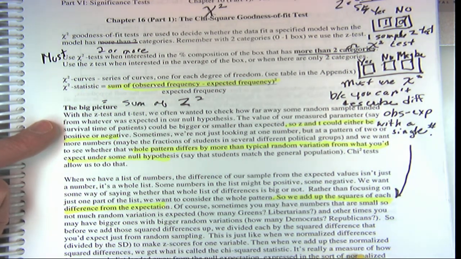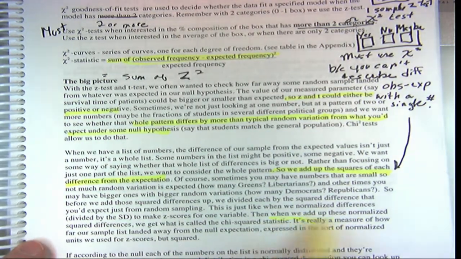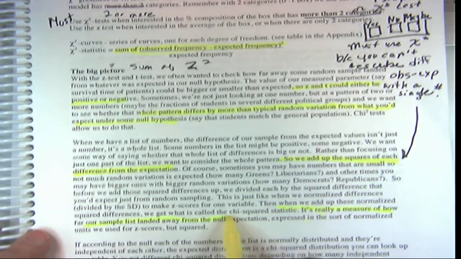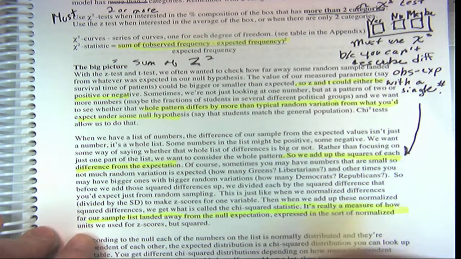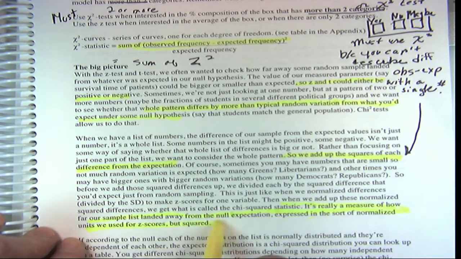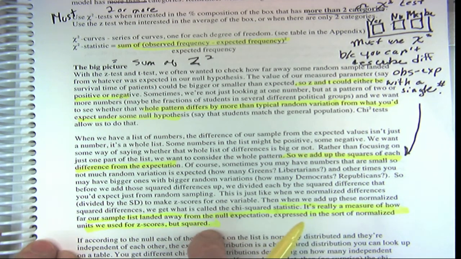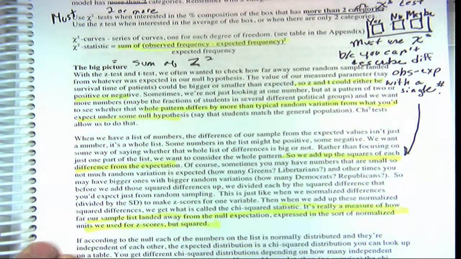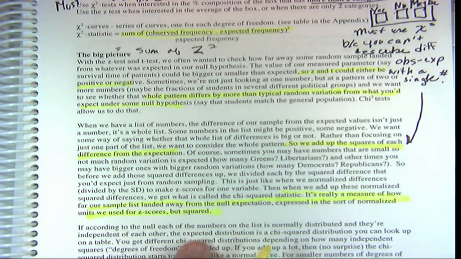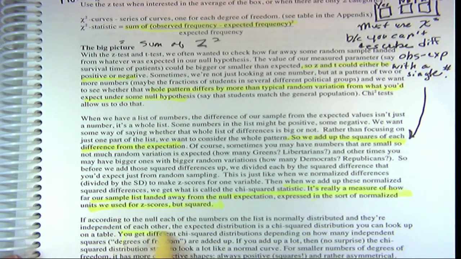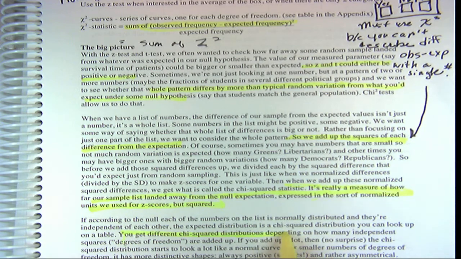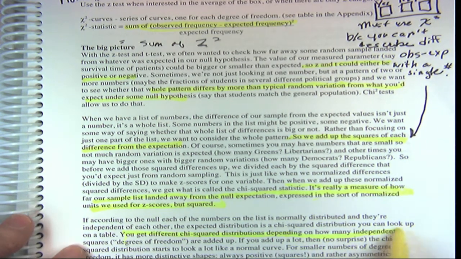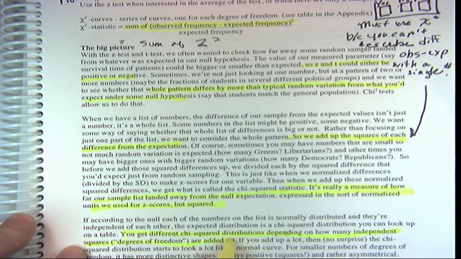It's really a measure of how far our sample landed away from our null expectations, expressed in the normalized units we use for z-scores, but squared. You're going to get a different chi-square distribution depending on how many independent squares, degrees of freedom, we added up.